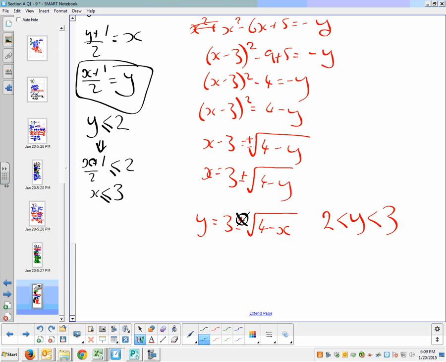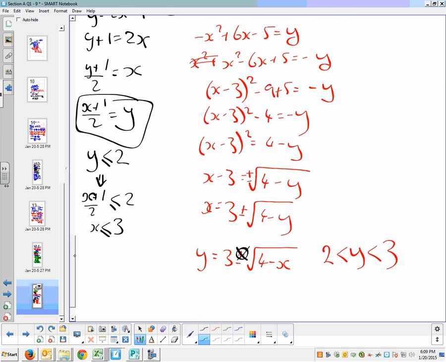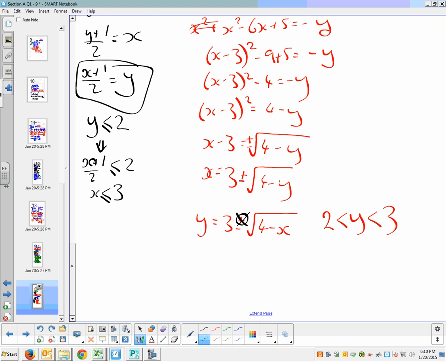And if y is between 2 and 3, the easiest way to do that is to evaluate what x would be. So if y was 2, we'd get 3 minus the root of 4 minus x.